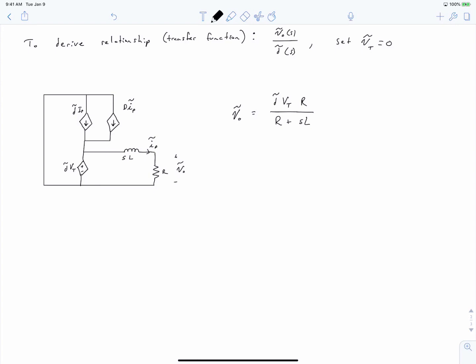And to get our transfer function, we just divide both sides by D tilde. So we end up with V tilde of S over D of S equal to this simple expression. And this is our transfer function.